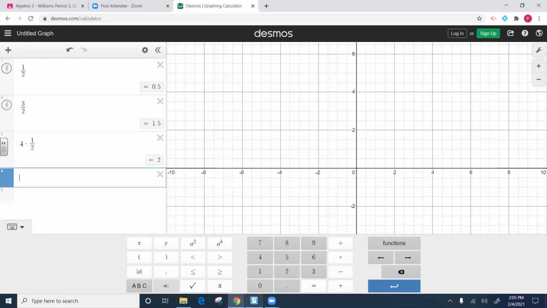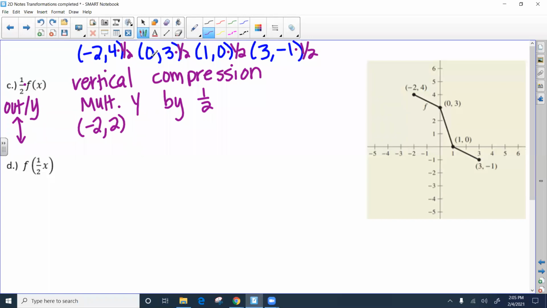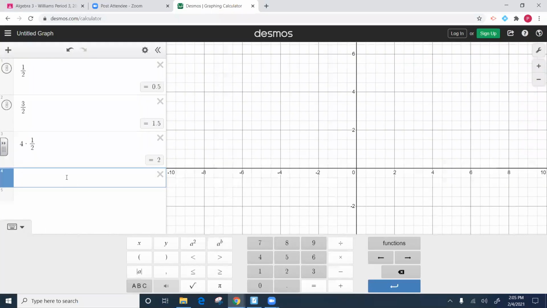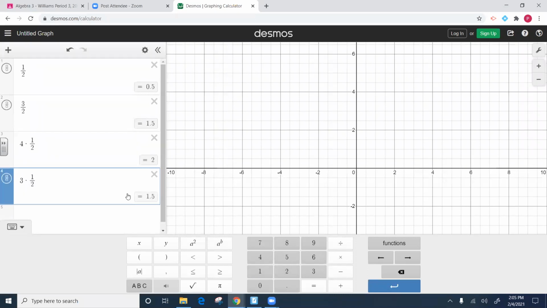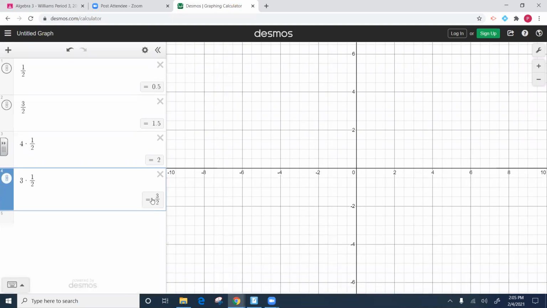The next one is 0, 3. I multiply the y value by a half. That would be 0, 3 times a half is 3/2 or 1.5. You can leave it either way. And again, feel free to use a calculator if you're not sure. 3 times 1/2 is 1.5 or 3/2, depending on how you write it.